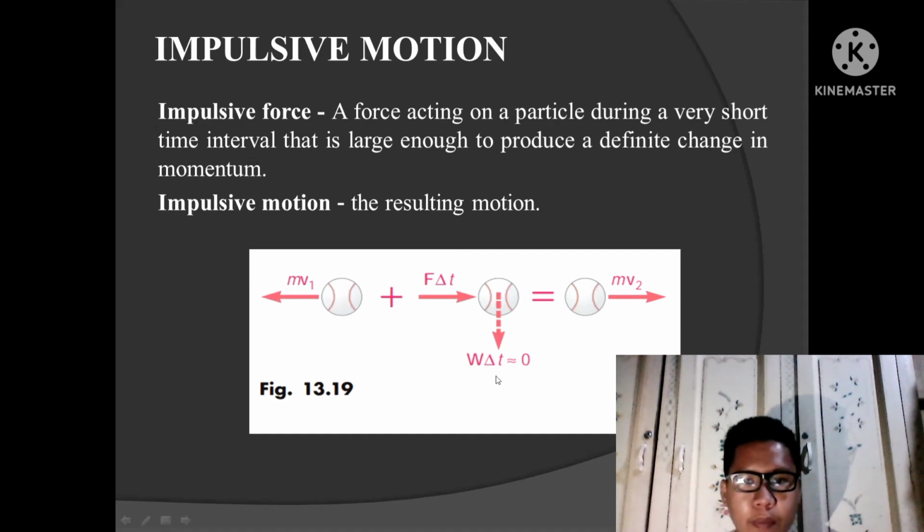Delta t is approximately zero, and so we now have the mass times v2. That's the impulsive motion.